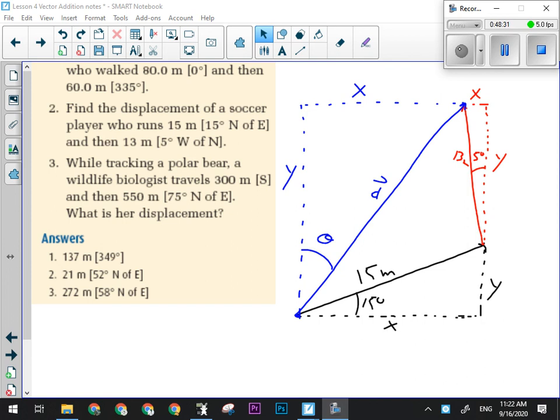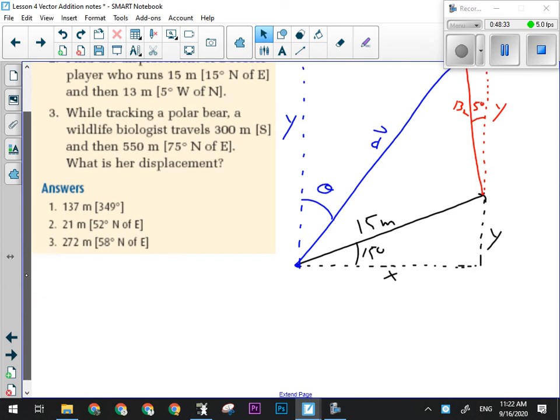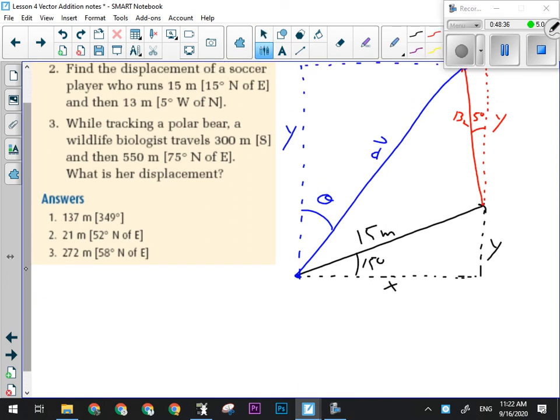So our second step here is that we need to calculate all of our x's and all of our y's. If I want to find the x component of my first vector, it is adjacent to my 15-degree angle, so I'll be using cos for that. Cos of 15 degrees times the hypotenuse, which is 15 meters.